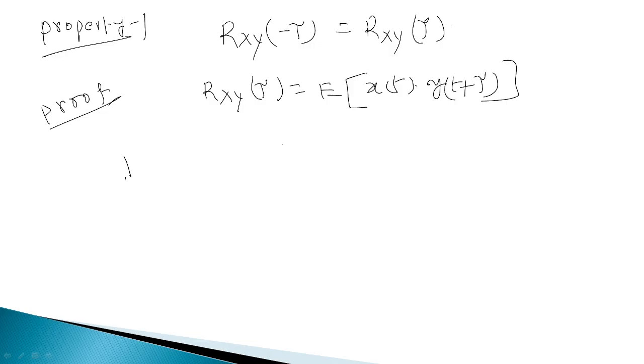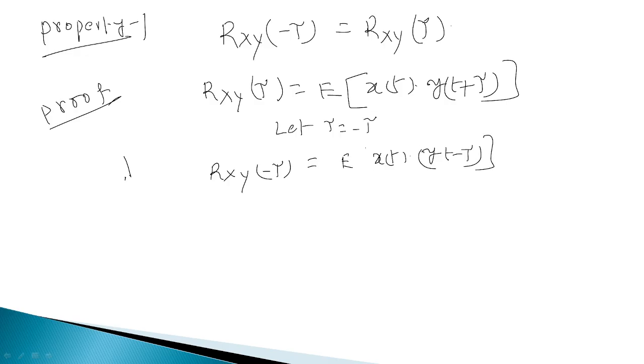But we want R_XY of minus tau. Let tau equal minus tau, substitute on both sides, then we can write R_XY of minus tau is equal to E of x of t into y of t minus tau.